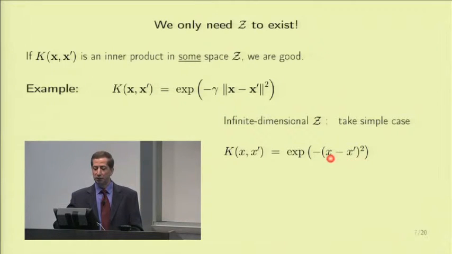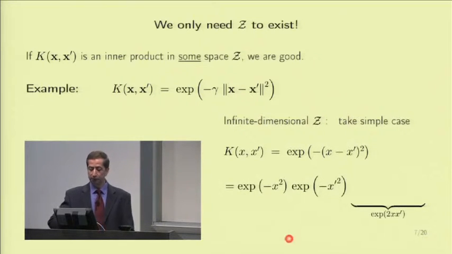Now let me express this using a Taylor series. First, I expand this, so I get x squared, x dash squared, and minus twice x x dash, and minus twice the minus becomes a plus. So I get e to the minus x squared, e to the minus x dash squared, e to the 2x x dash. That's a legitimate expansion of this.